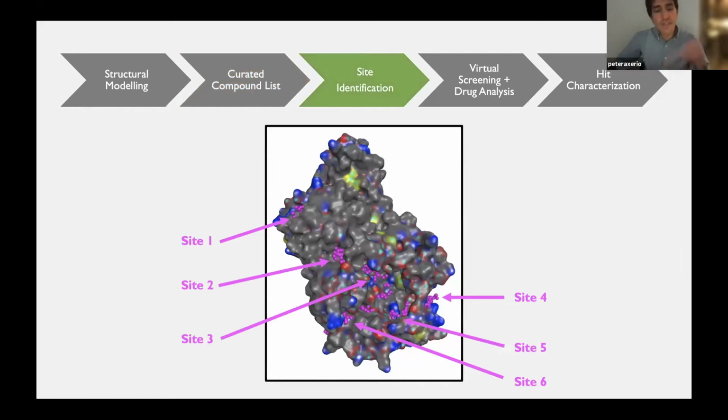So we identify sites on the protein, and these sites are characterized by how druggable they are. So, can it accommodate drugs? Where's the site? Where's the mutation with respect to these sites? And we try to target as many sites as possible and then test them in the lab.